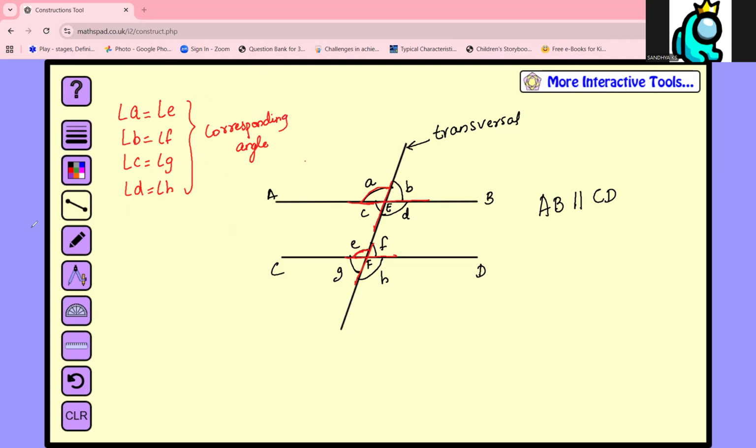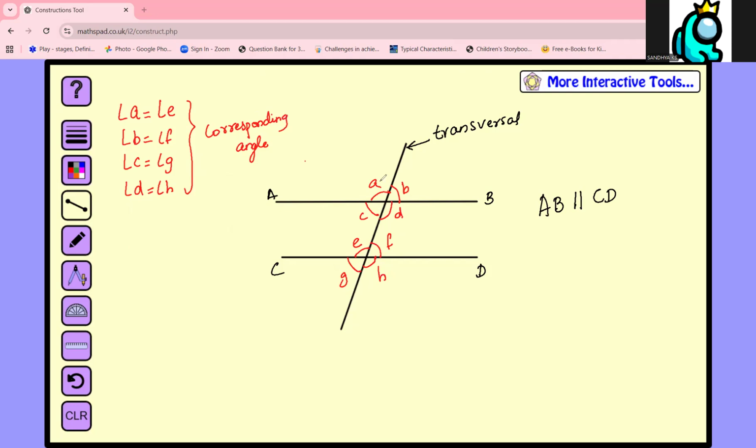So now the next property we can understand: angle A equal to angle E, angle B equal to angle F, angle C equal to angle G and angle D is equal to angle H.